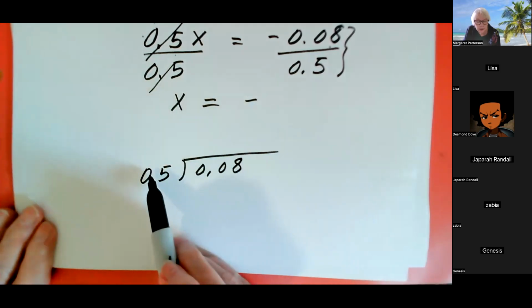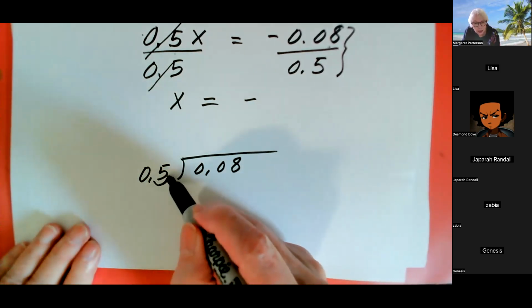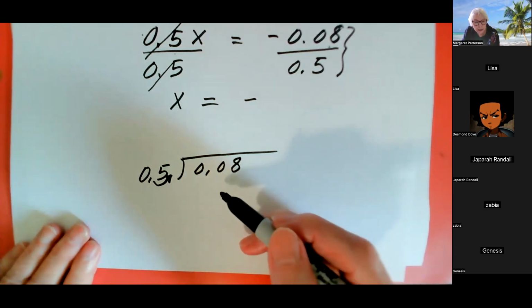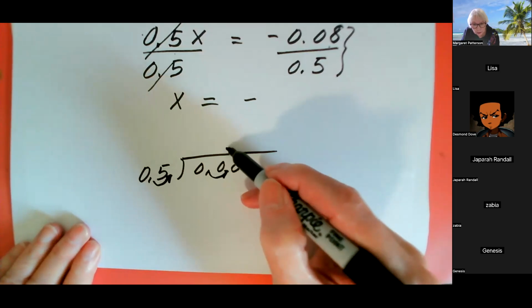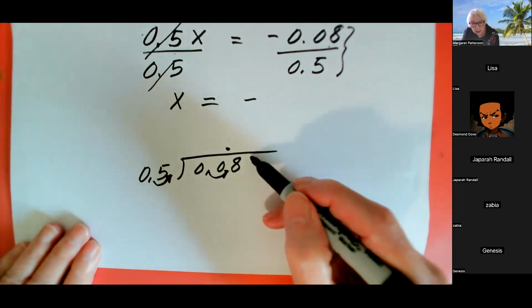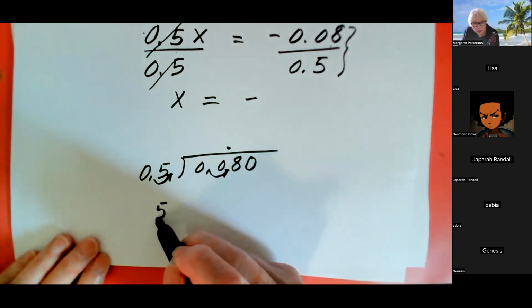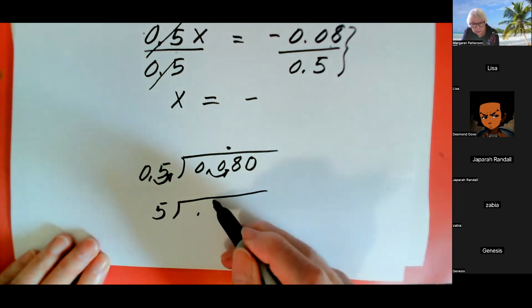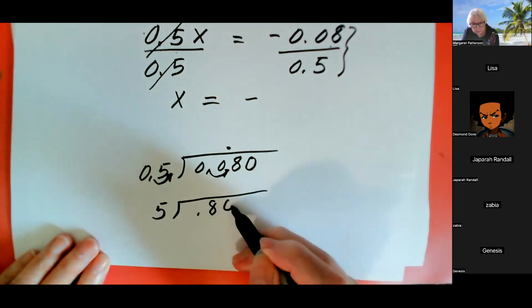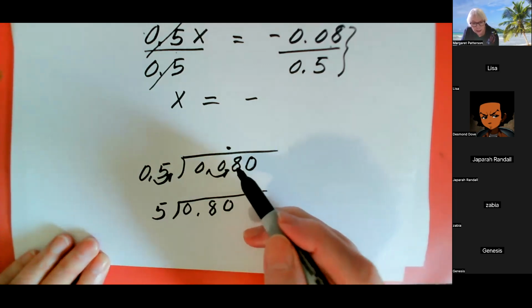I know it's negative, so I'm just going to ignore the negative for the moment. Doing this by hand, this would come over 1 decimal place. This would come over 1 decimal place, and the decimal would go here. I think I might have to add a 0. So this problem becomes 5 into 0.80. When I move the decimal, it's 0.8.